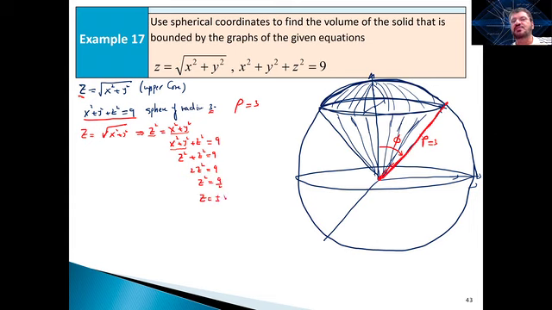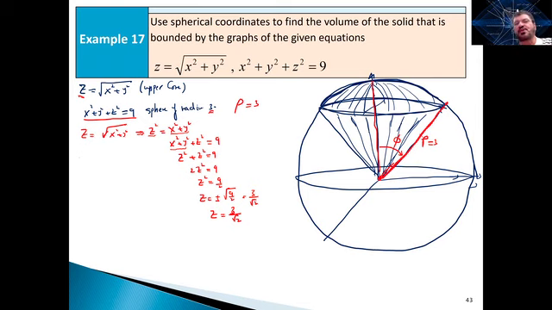Plus minus square root of 9 over 2, which is 3 over root 2. I'm not going to take the negative because I need z to be on the positive side only. So the maximum they're going to reach is this one. So z here is only 3 over root 2. Okay, that's the value of z.